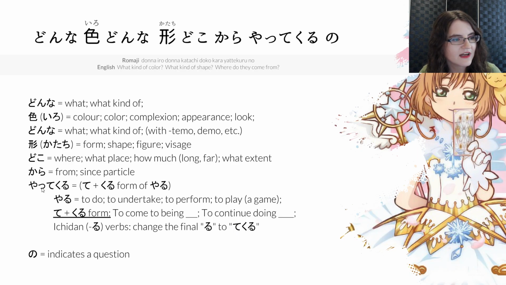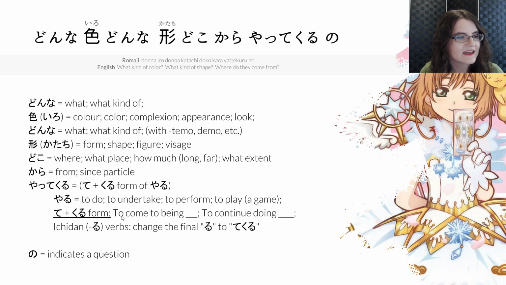So, for the godan ru, it becomes tiny tsu and a te, and then you just add on that kuru. So yaru becomes yatte, becomes yatte kuru. And this tiny tsu, you don't really say anything with it, it's just like a space, a stop. So versus yate, we say yatte. Just a little subtle stop right there for our yatte kuru.